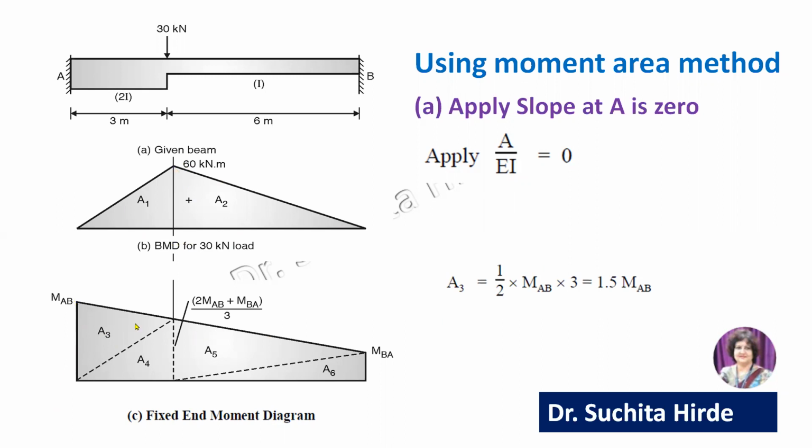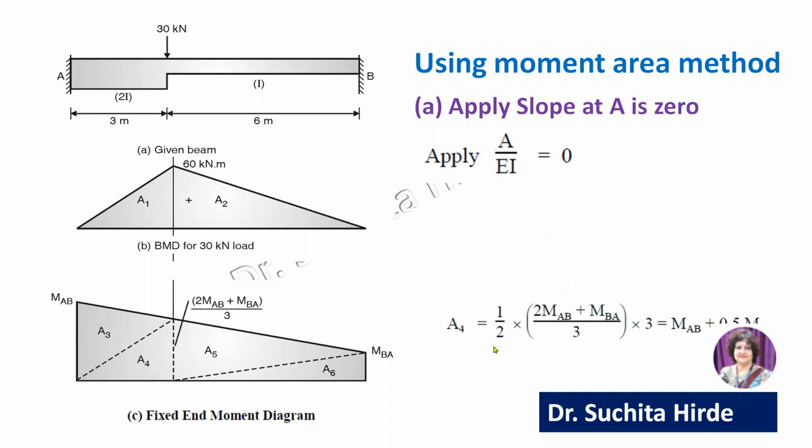If you take the trapezium, then it will become difficult to calculate, and therefore I always prefer to divide this into triangles. So A3 is half into MAB into 3 meter, which is the height. Then for A4, this ordinate you can calculate from proportionality. Here you will get 2 MAB plus MBA upon 3, at 3 meter.